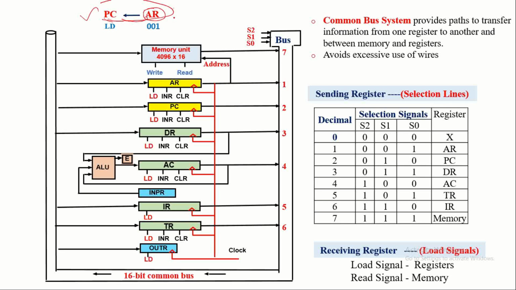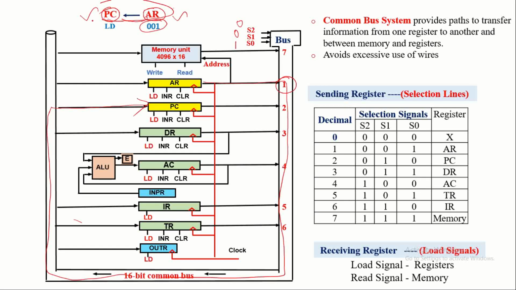First, the selection signal values for the address register: since the number specified along the address register is 1, the selection signal values need to be set to 100. Immediately, it will transfer its information, and since the program counter has to receive it, as the information passes over, the program counter receives it.